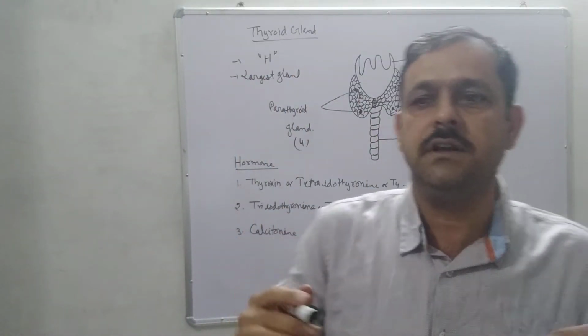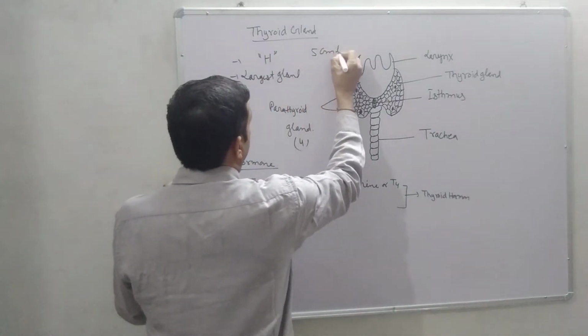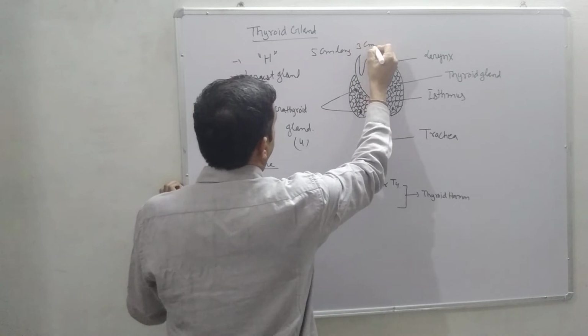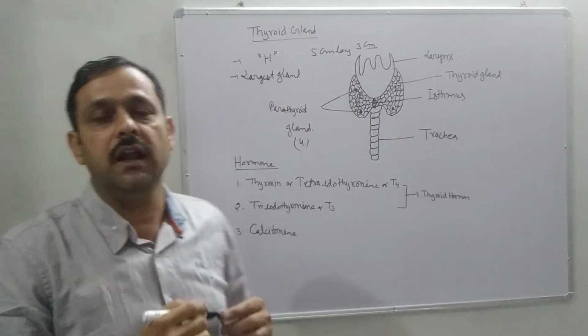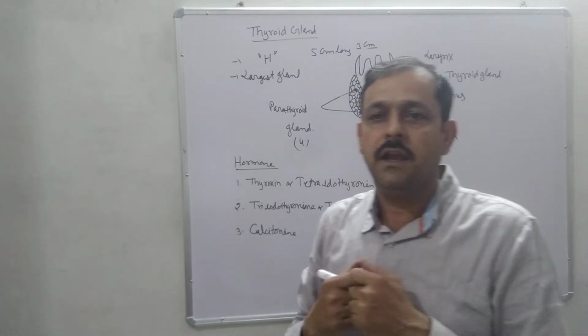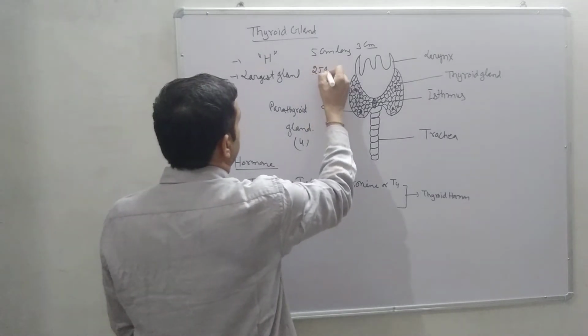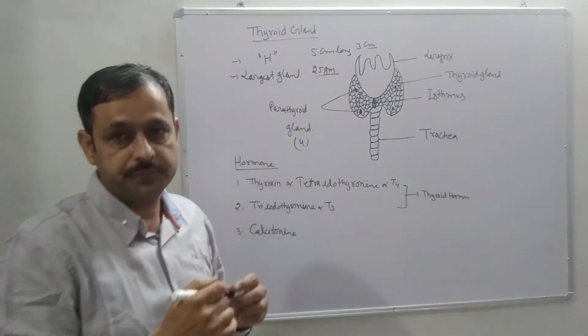In an adult human being, it is 5 centimeter long and 3 centimeter wide in size. Average weight of this gland is 25 gram.